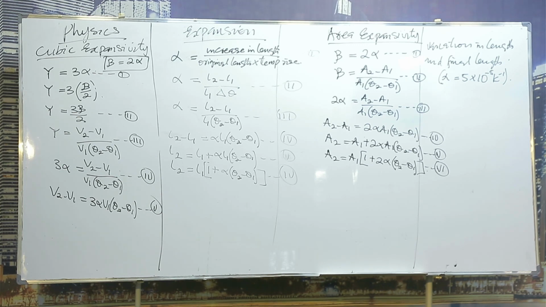Change the length is 2. That's 2 millimeters. Somebody got change in length as 2, final length as 402. That's what I want to hear. Bro, why?